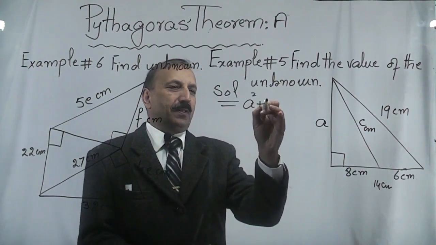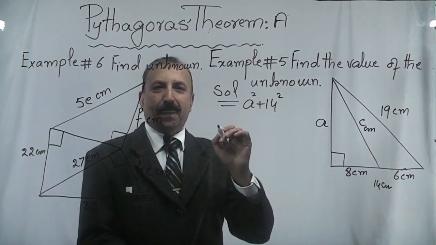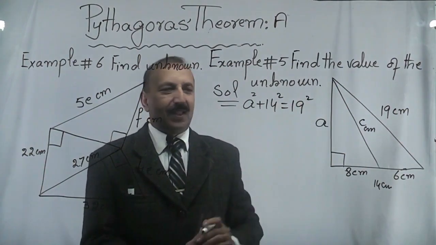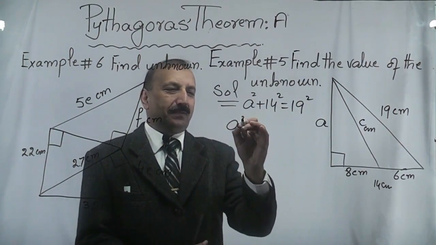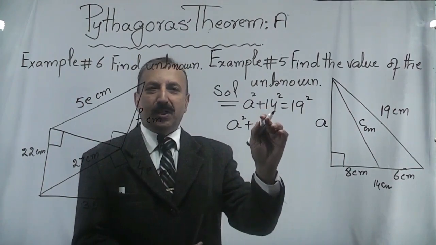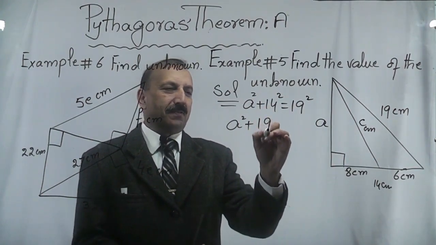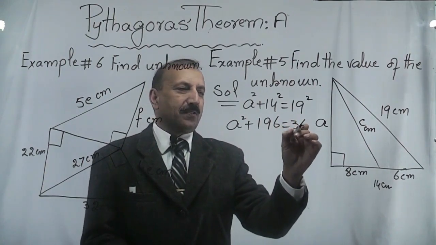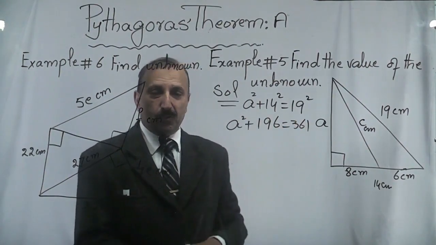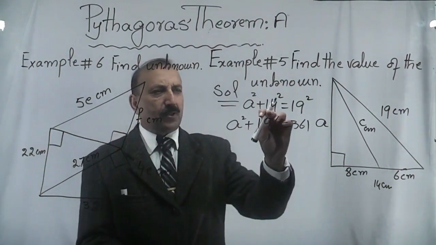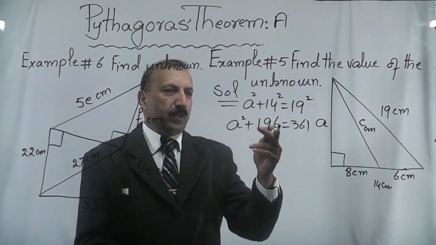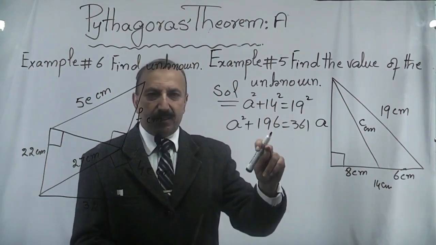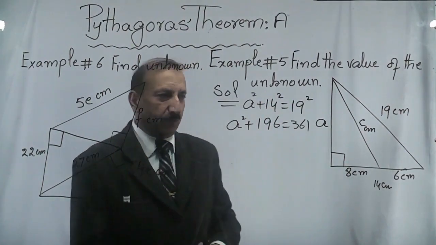A square plus 14 squared will be equal to 19 squared. 14 squared is 196 and 19 squared is 361. Again I am telling you, if you have learned the perfect squares up to 20, it's very convenient for you to write the perfect square values of numbers directly. But if you can't, you can use a calculator.